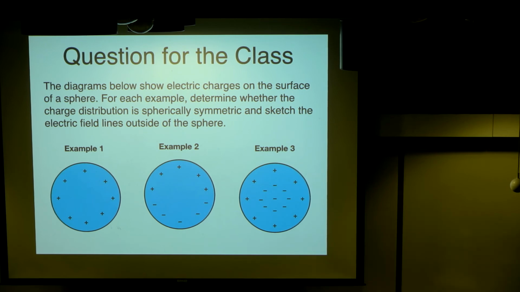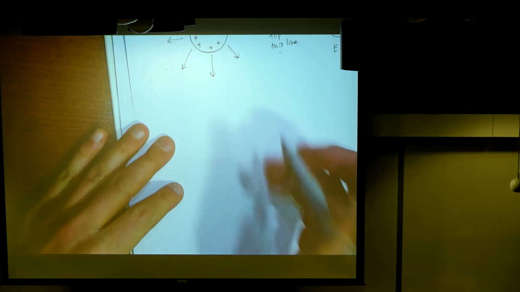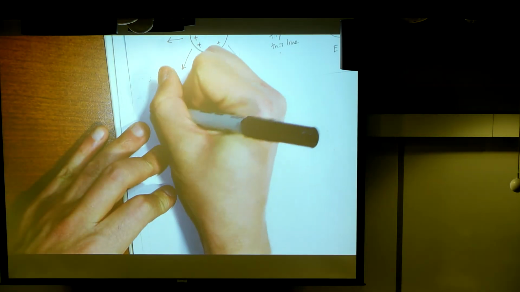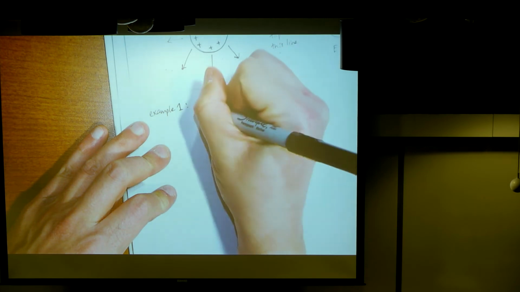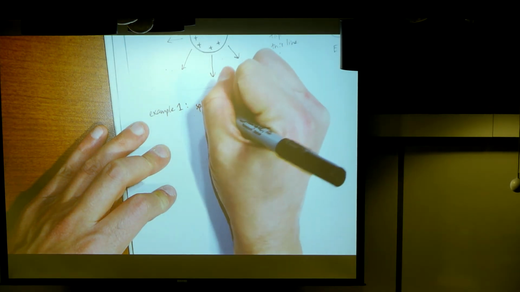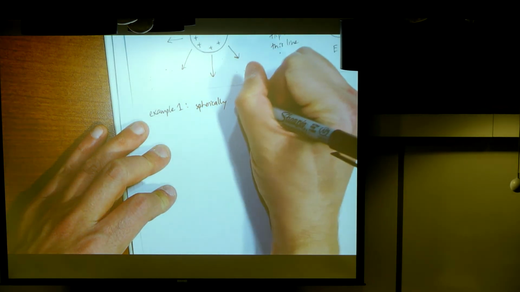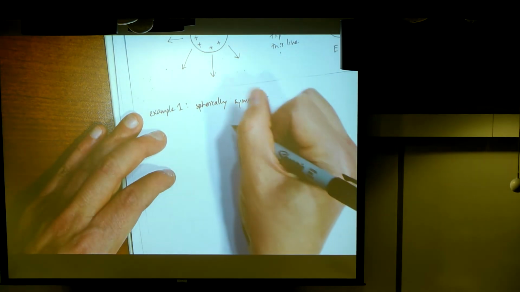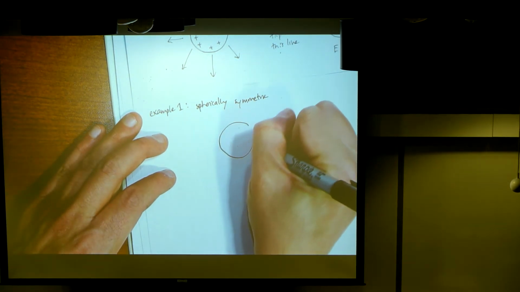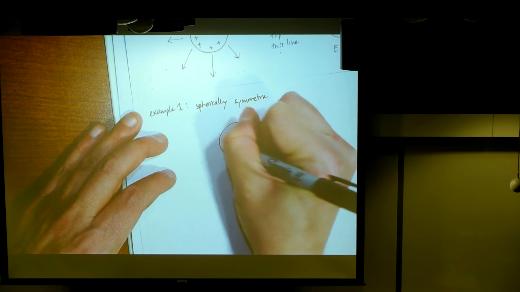So let's actually draw these pictures now, so we understand. Example 1 was a spherically symmetric distribution of charge. We already explained why.